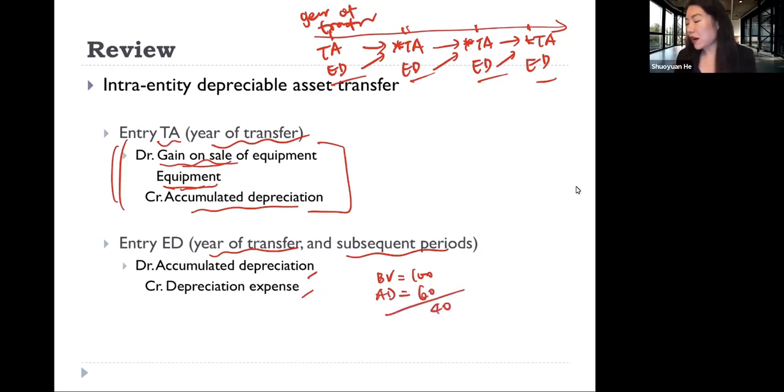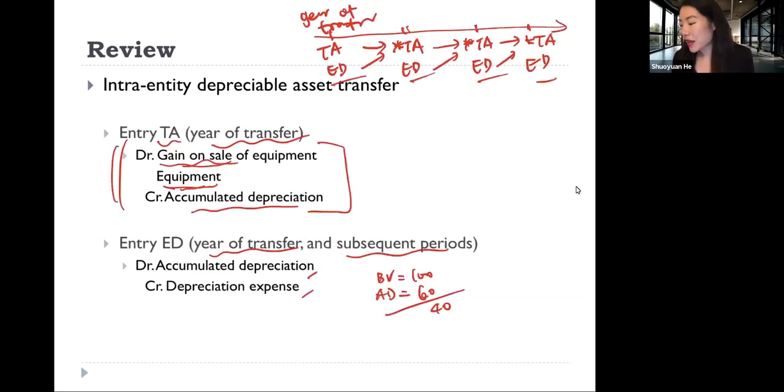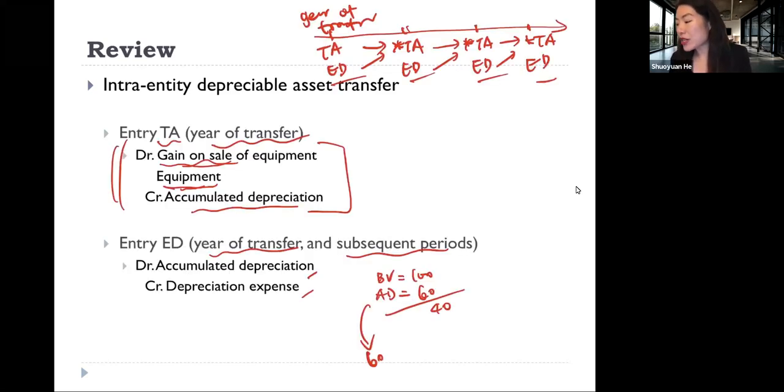So the net book value of the equipment is 40, and it is transferred at $60. The equipment can be depreciated, for example, for another 10 years. If it stayed on the seller's book, every year the equipment is depreciated for $4.